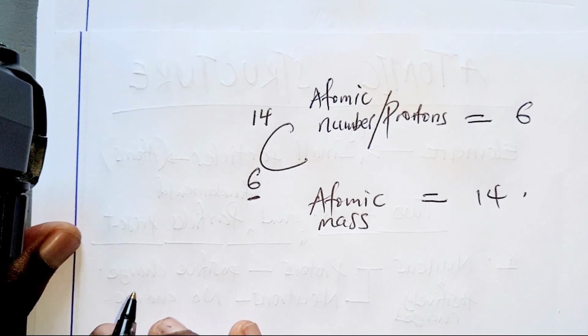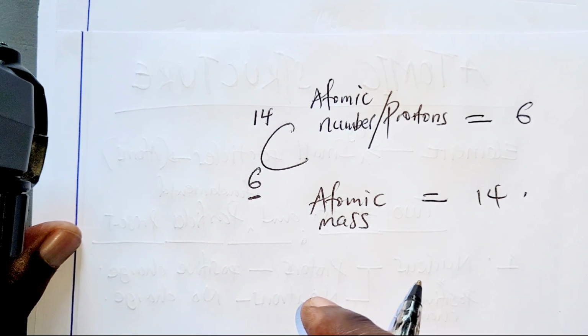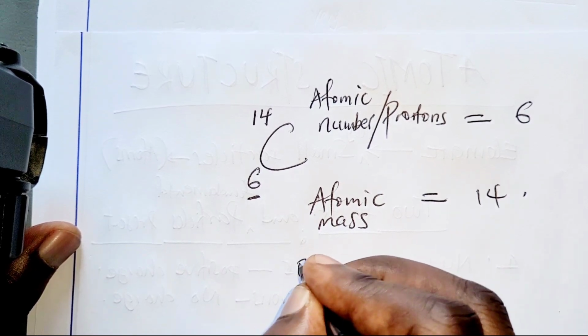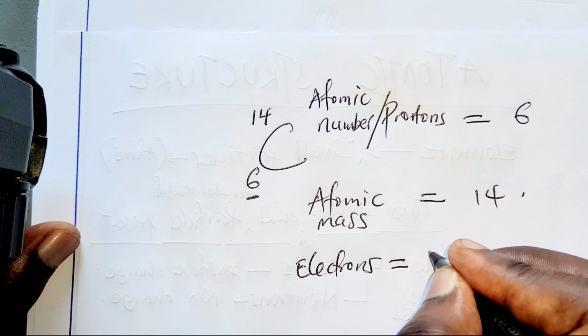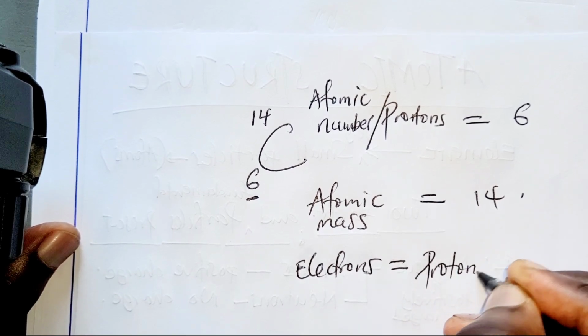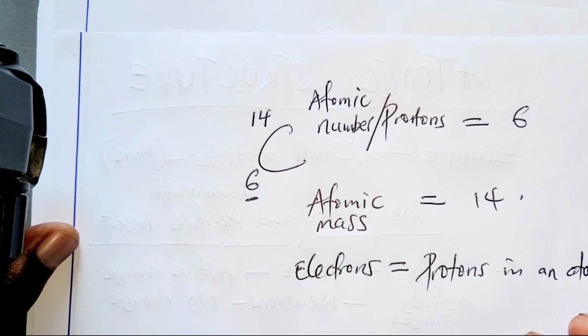Can I get the number of neutrons now? Do I know the number of electrons? Of course. Remember, electrons are equivalent to protons in an atom. What does this mean?